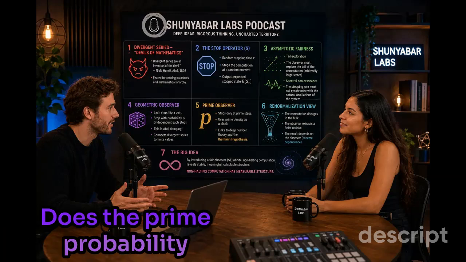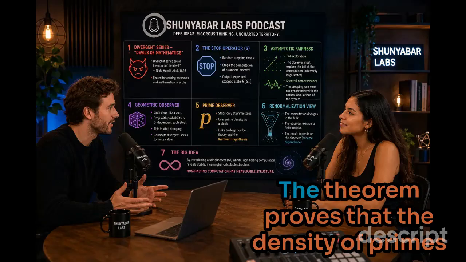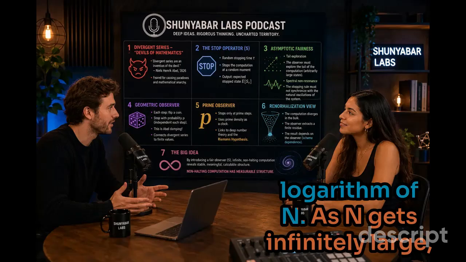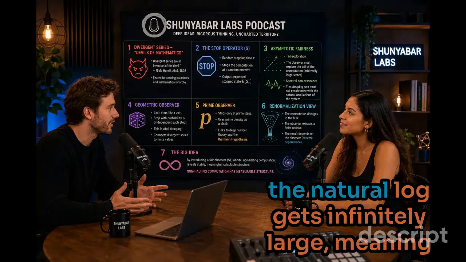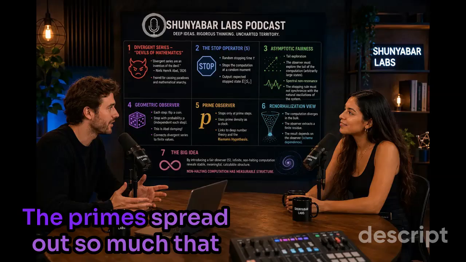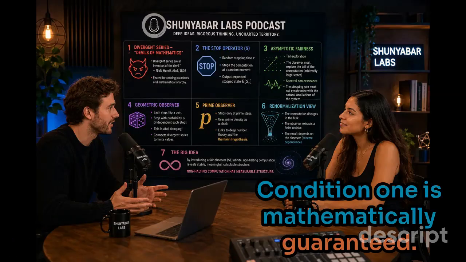Does the prime probability approach 0? It does, because of the prime number theorem. The theorem proves that the density of primes is roughly equal to 1 divided by the natural logarithm of n. As n gets infinitely large, the natural log gets infinitely large, meaning 1 over that log approaches 0. The primes spread out so much that the stopping probability vanishes. Exactly. Condition 1 is mathematically guaranteed.